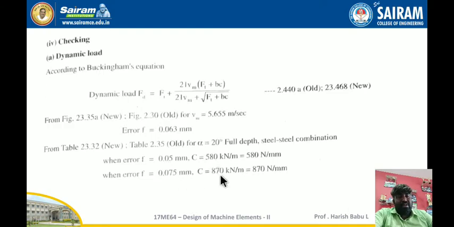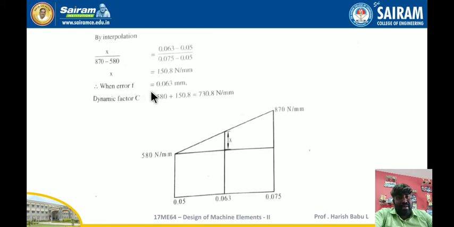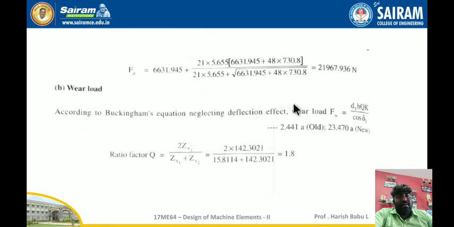By interpolation, I can find the value of C for an error of 0.063 mm, that is 730.8 Newton per mm. Once the value is found, find the FD value, that is 21,967.936 Newton.